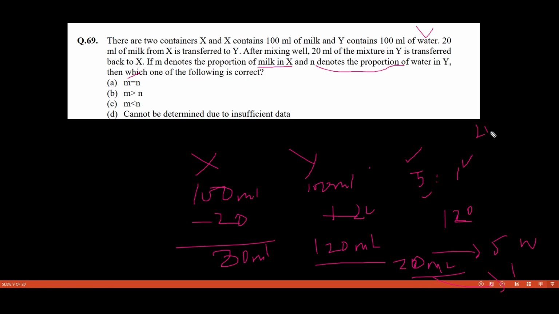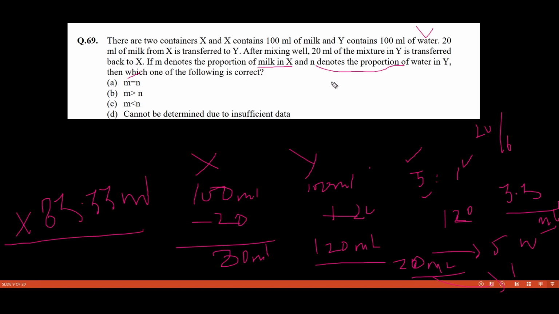So divide 20 by 6, and you are going to get something like 3.33. So 3.33 milliliter of milk you are going to have in this. So X has 83.33 milliliter of milk after doing this.